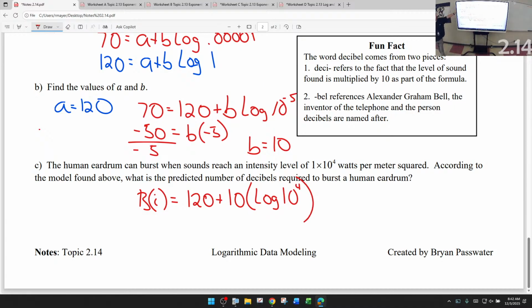Because 1 times 10 to the 4th is 10 to the 4th, and log 10 to the 4th is 4. And 4 times 10 is 40, and 40 plus 120 is 160 decibels.